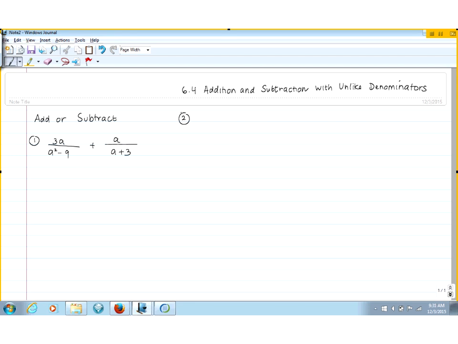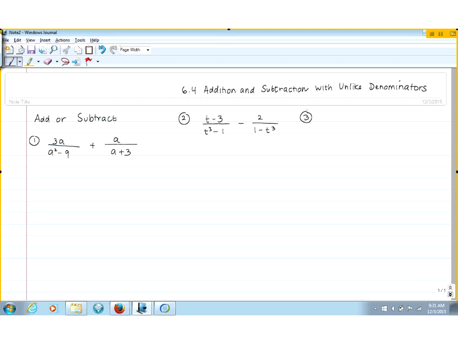And then number 2, t minus 3 over t cubed minus 1 minus 2 divided by 1 minus t cubed.